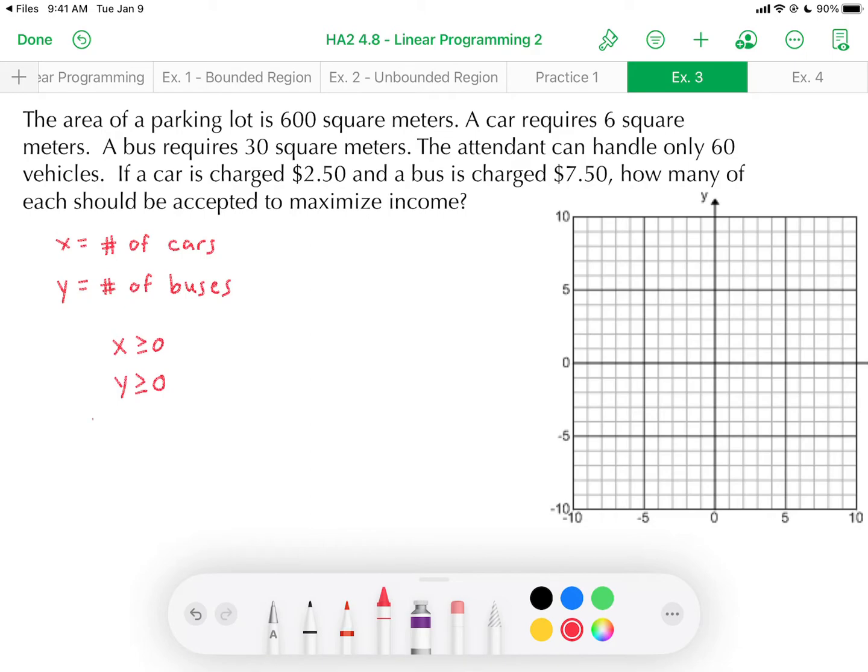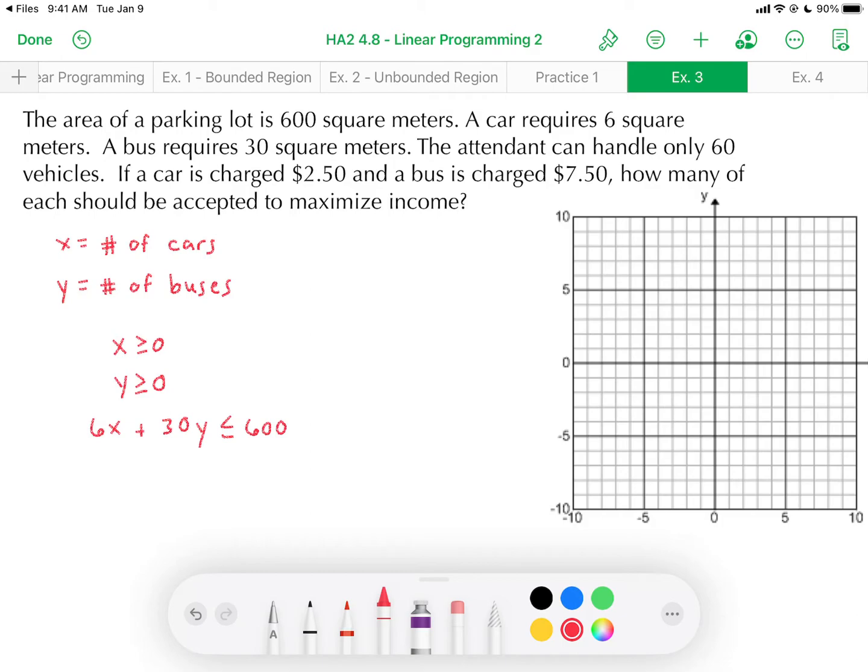So 6 square meters for every car, that would be an expression to represent the area taken up by all the cars in the lot. Add that with 30 square meters for every bus, and that expression all together represents the area of the vehicles combined, both cars and buses. That has to be less than or equal to 600.